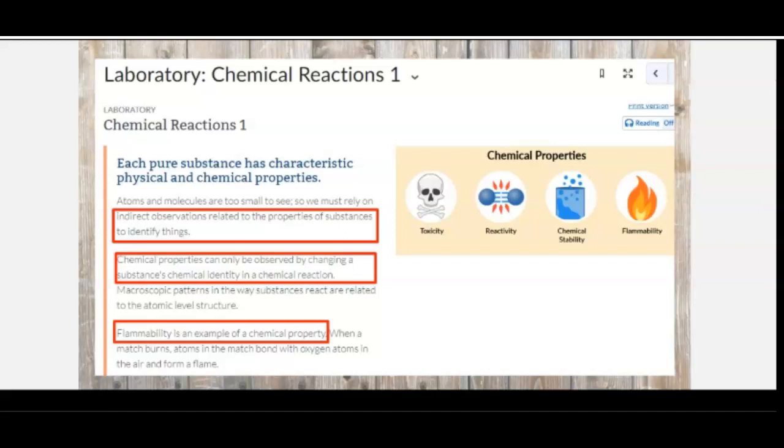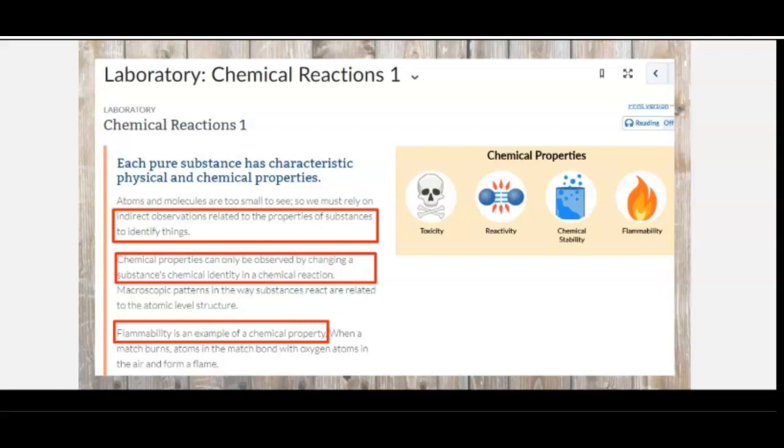All right, so in the lesson, it talks about chemical reactions, and each pure substance has characteristic physical and chemical properties. We know that atoms are too small to see, so we have to rely on indirect observations that are related to the properties of a substance to be able to identify things.